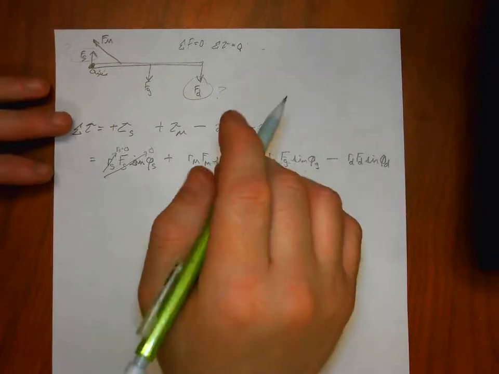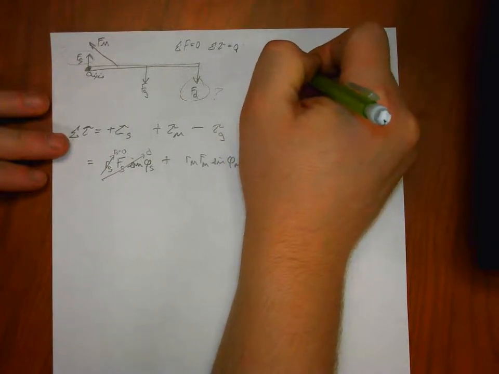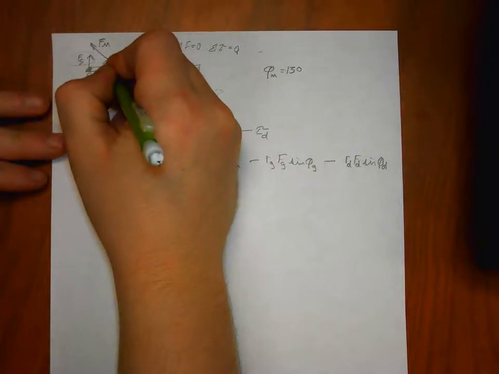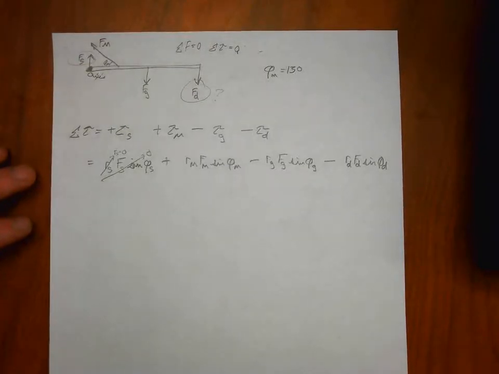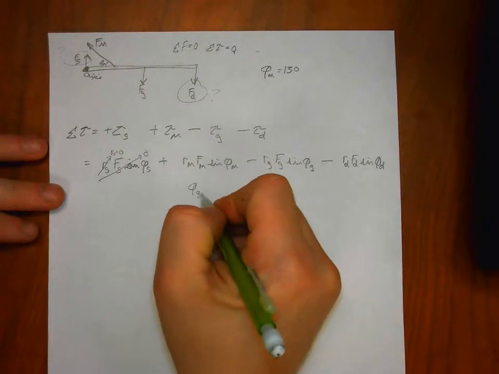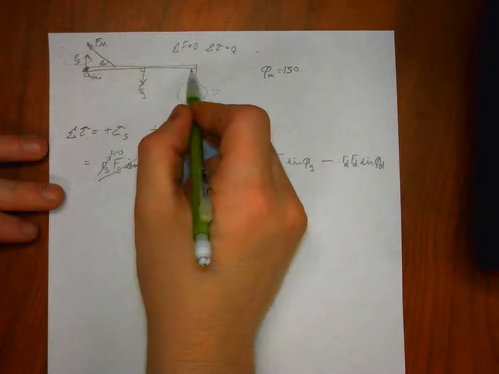Okay, well, phi m equals 13 degrees. That's given to us in the problem. Phi G, however, is going to be the same as Phi D. They're both going to be right angles.